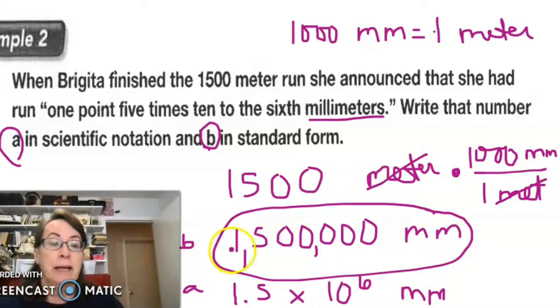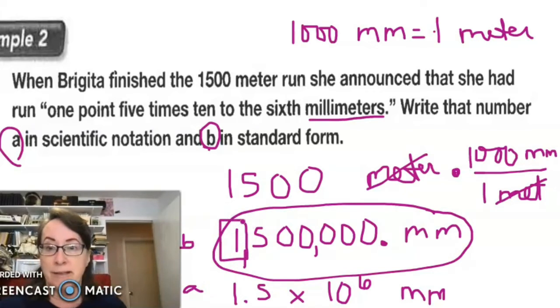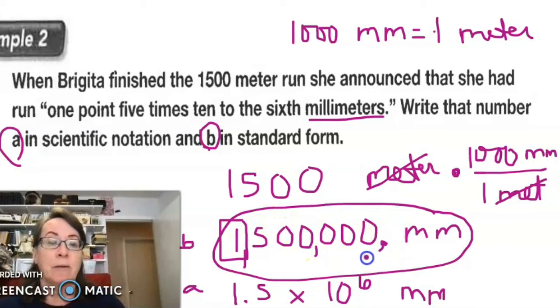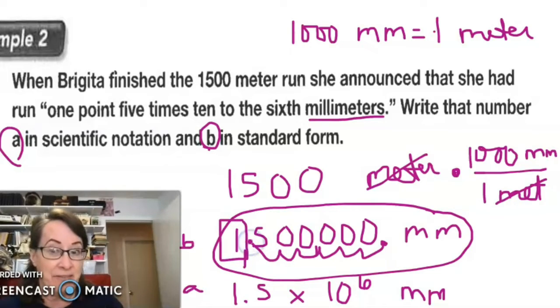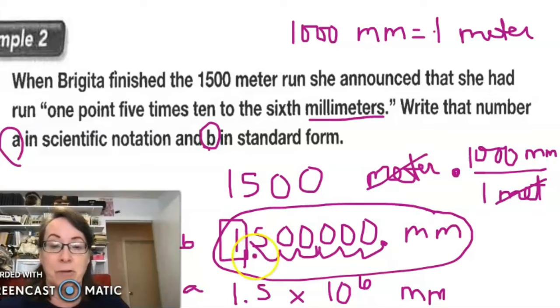So remember, in 1,500,000 millimeters, the decimal is at the end. But to get it in scientific notation, we need the decimal to be after the first non-zero digit. Okay, and so we're going to move it 1, 2, 3, 4, 5, 6 times to the left to get that decimal in the right spot.